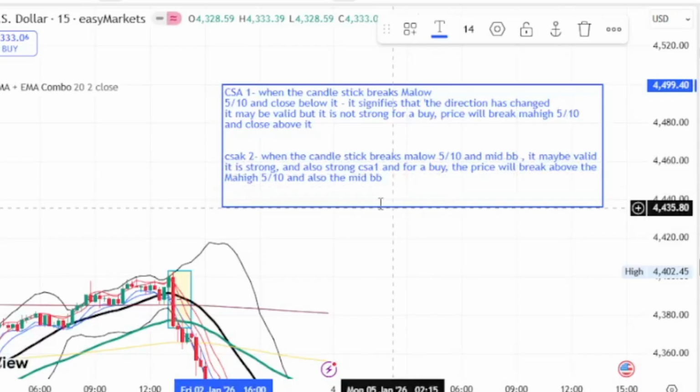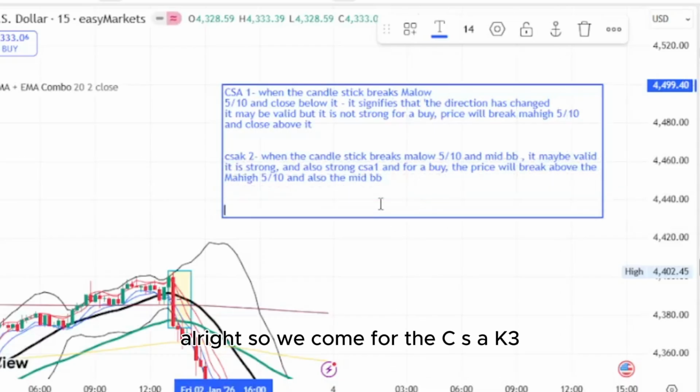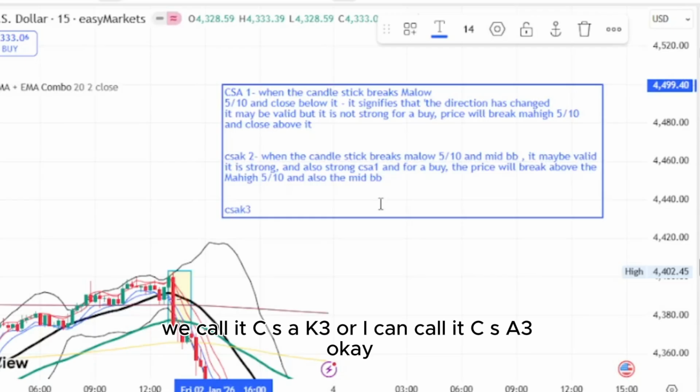All right, so we come to the CSAK3. We call it CSAK3, or I can call it CSA3. When does this happen?